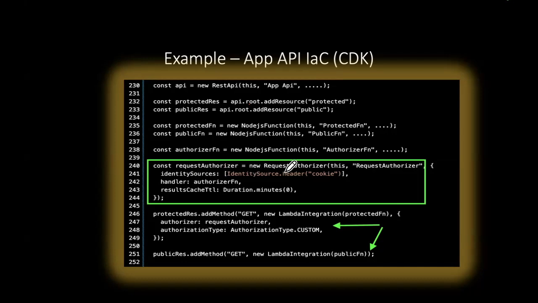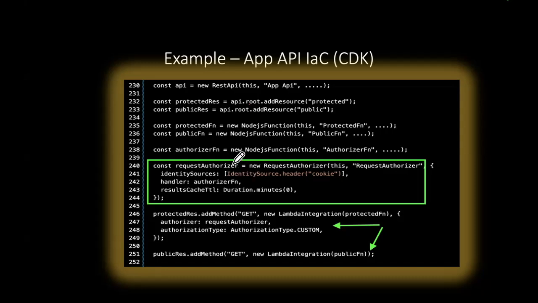And I'm saying, look, it's going to be contained within the cookie request header. That's the purpose of this entry here. And all I'm saying here is I'm telling API gateway not to do any caching of the tokens, which makes sense.